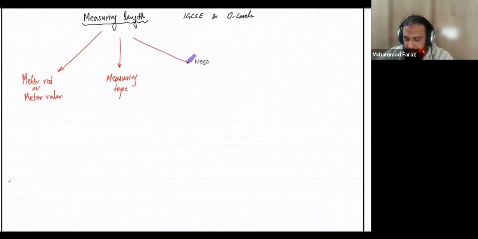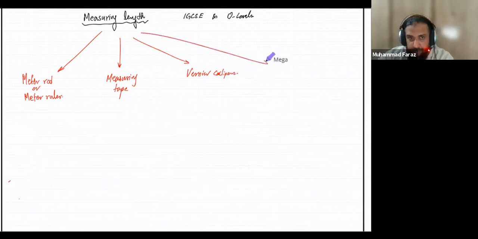We have vernier calipers. Then we have micrometer screw gauge.